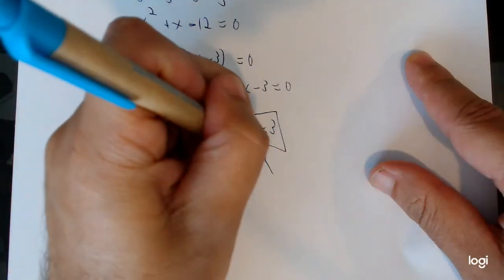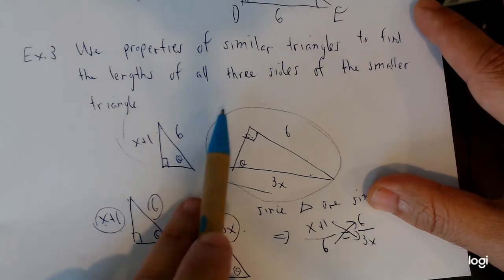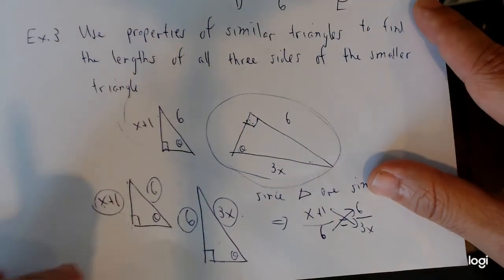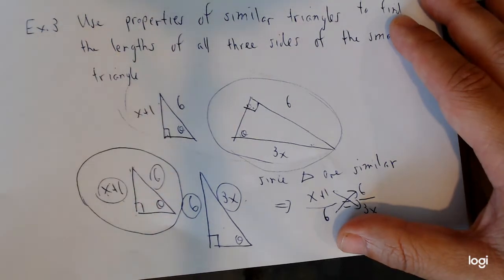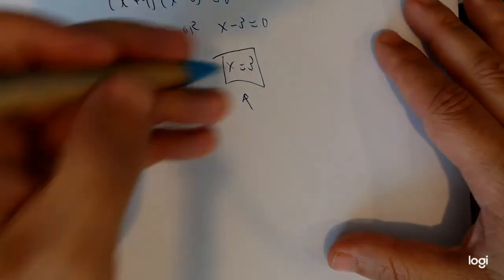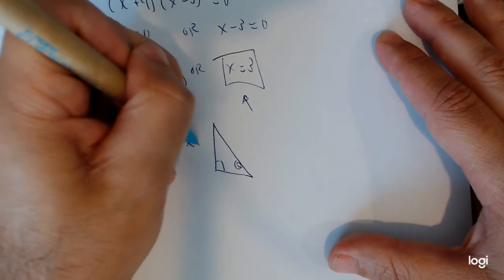So if x equals 3 works, and if I come back to this original picture here, what is it that we're saying? We want to find the lengths of all three sides of the triangle. So let me grab the smaller triangle and translate it back over here, because we only care about the smaller triangle. If you remember, it was what? Theta. This is x plus 1.